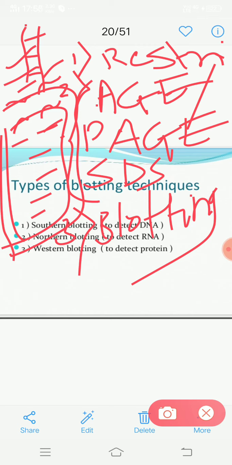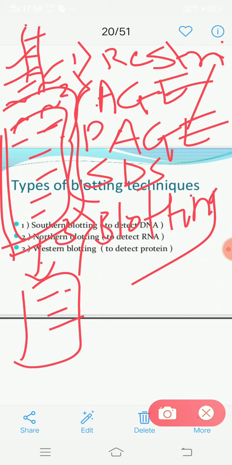The gel will make its replica, its copy, onto that nitrocellulose paper or blotting paper, so that all these bands are blotted onto the blotting paper with the same position and the same structure. So this is your blotting paper.